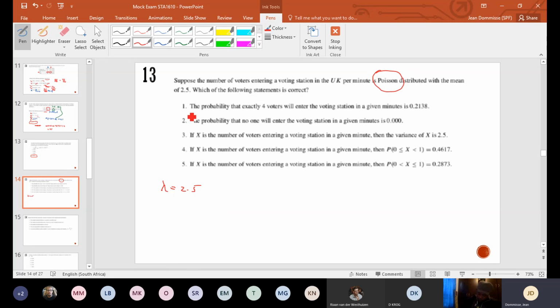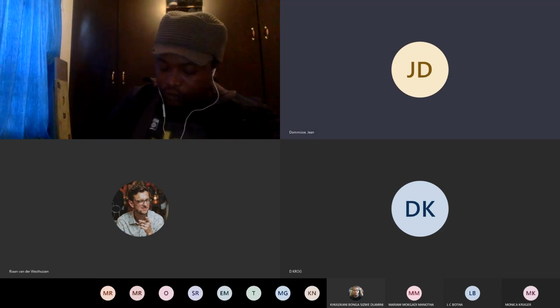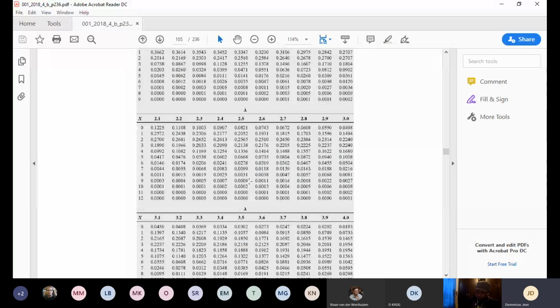And then we would look at, okay, what's the probability that exactly 4 voters will enter the voting station? Let me quickly share that also, so that we get that practice in again. Sorry, wrong one. Okay, so then if we look at lambda 2.5, exactly 4.